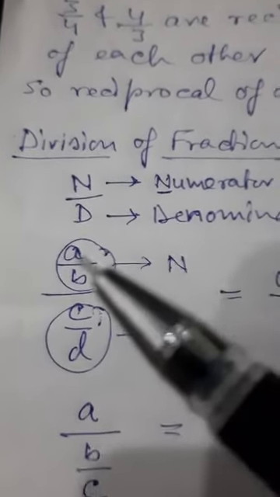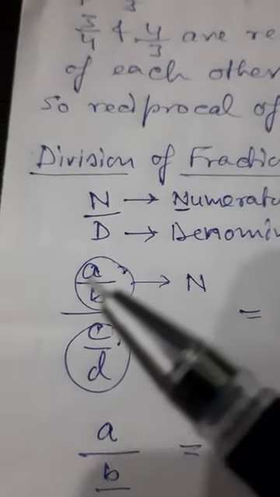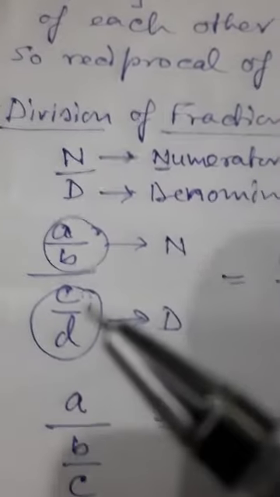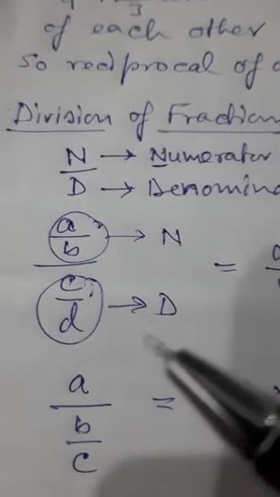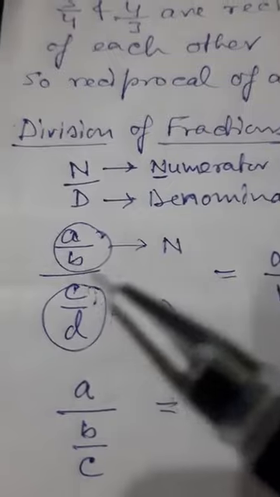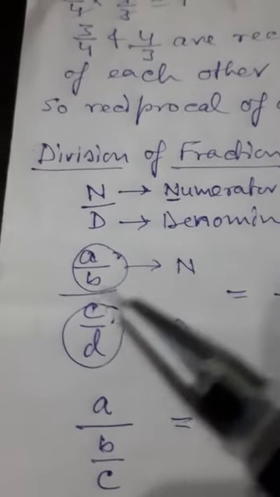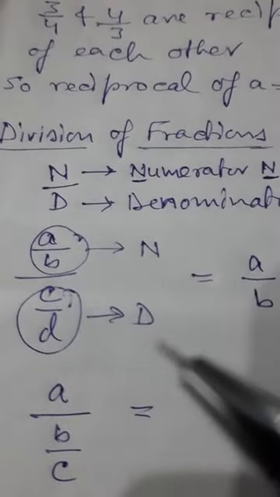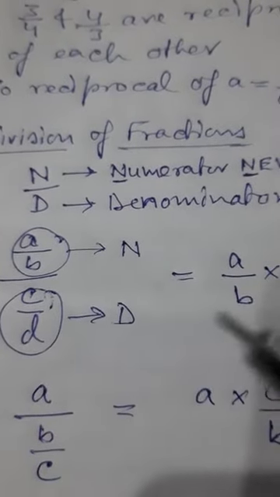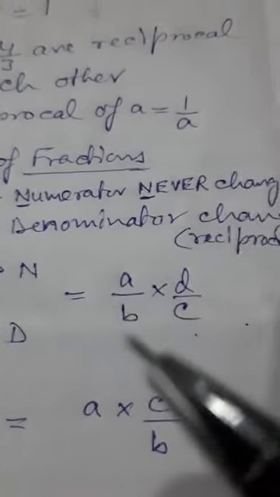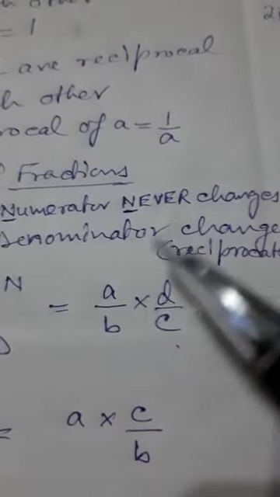Suppose we have one fraction a upon b divided by another fraction c upon d. So this whole divided by this whole, so this whole becomes numerator and this whole becomes denominator. So numerator does not change. I have told you numerator never changes.